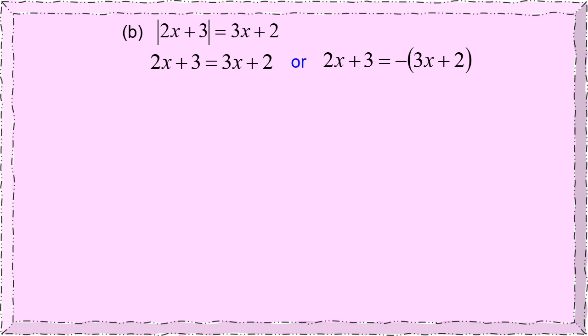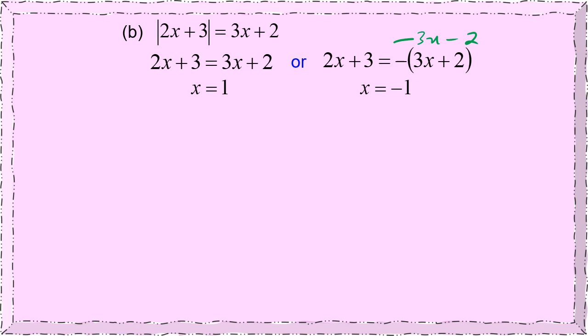So we solve the left hand side first. After you let x be the subject, you will have x equal to 1. And the right hand side, after you expand this, we get -3x minus 2. So the left hand side we get 5x, the right hand side we get -5. So x equal to -1.